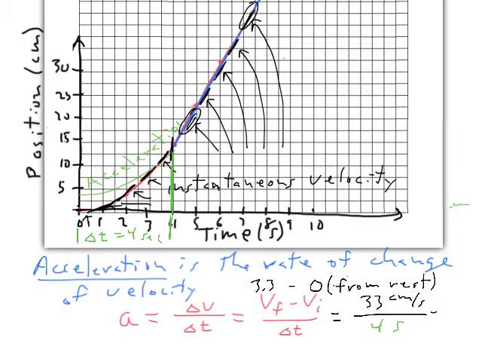And what we'll get is, that was supposed to be 3.3. 3.3 divided by 4, 3.3 divided by 2 would be 1.65. 1.65 divided by 2, again, would be 0.825.